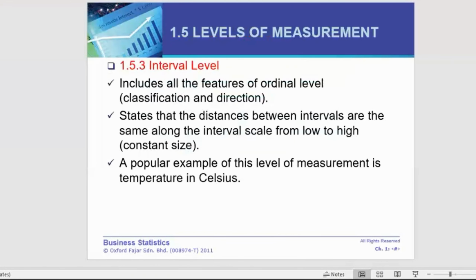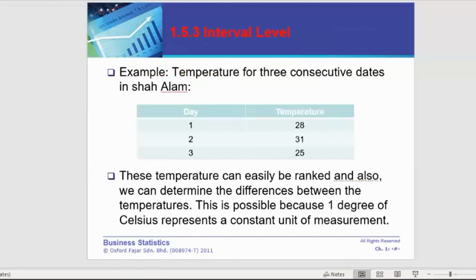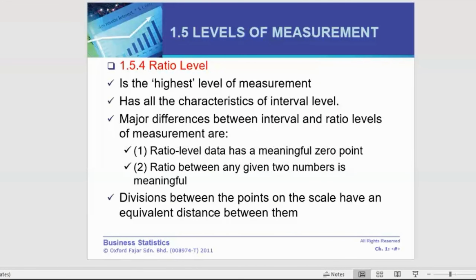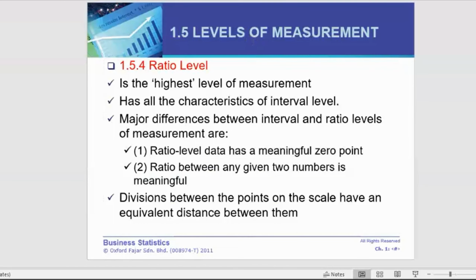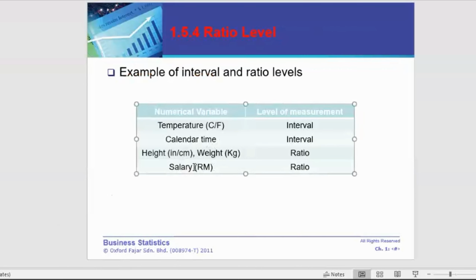The third level is the interval level, where the differences between levels are of constant size, as in temperature. But the ratio level is different from the interval level because we have the 0 point, which means ratio level data has a meaningful 0 point, for example height, weight, and money.